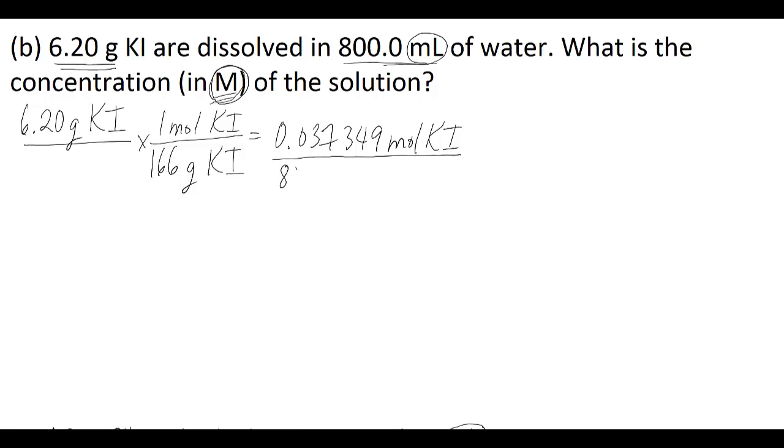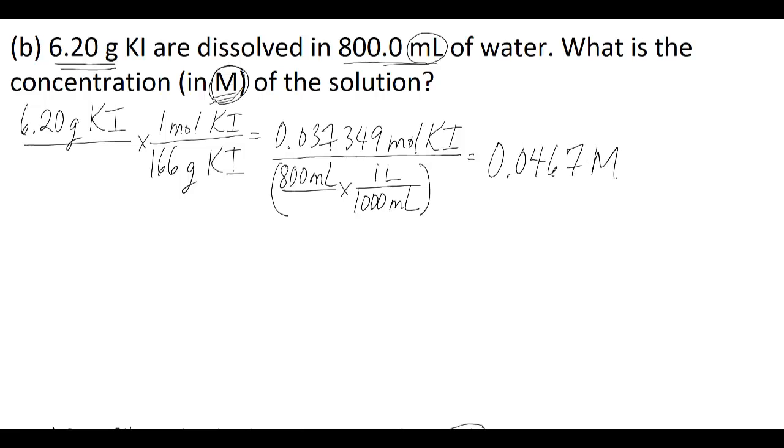So in the denominator here, we could put 800 milliliters, and there are 1,000 milliliters in 1 liter. And then if you do all the math there, you'll end up with 0.0467 for your molarity of potassium iodide. So that's your answer.